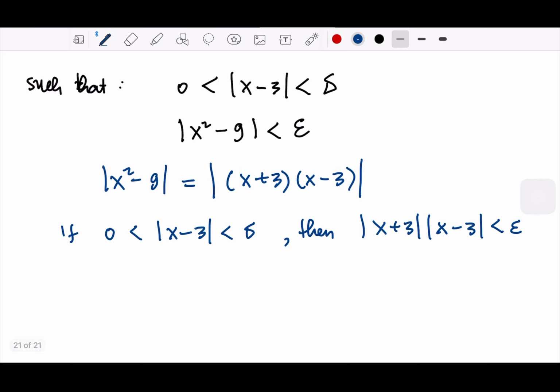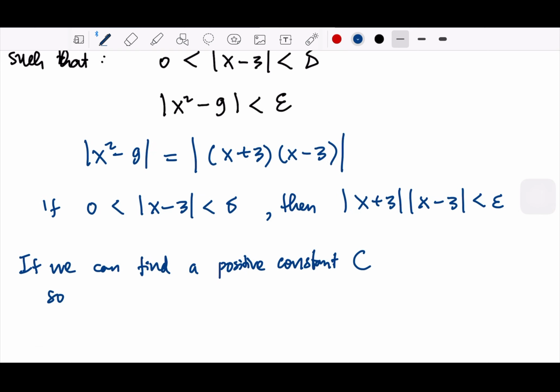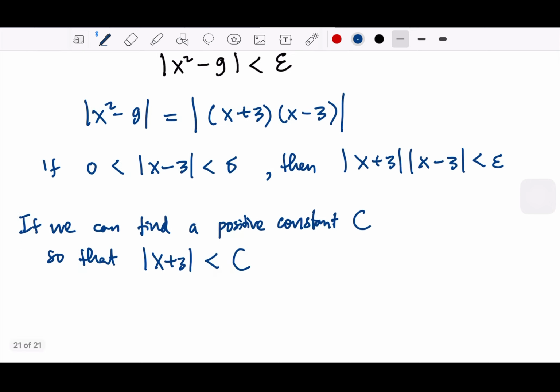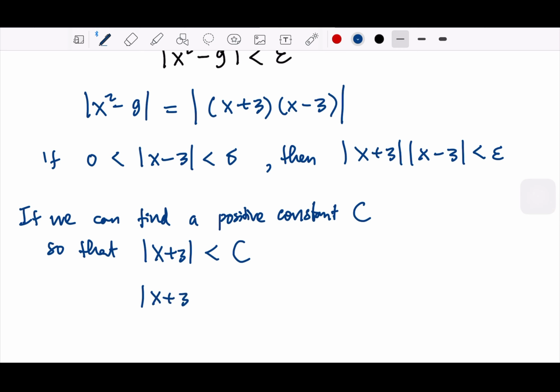So, if we can find a positive constant, let's say positive constant c, so that the distance x plus 3 is less than that positive constant c. Of course, this x plus 3, x minus 3 will also be less than c, x minus 3.